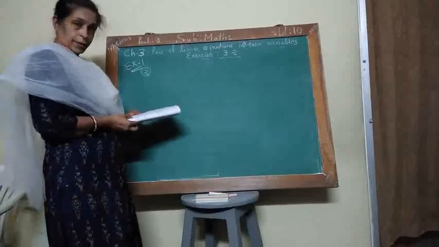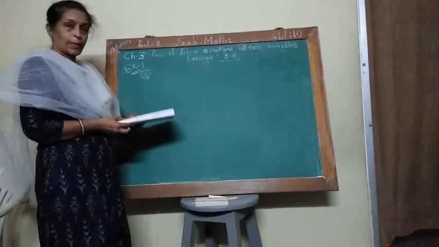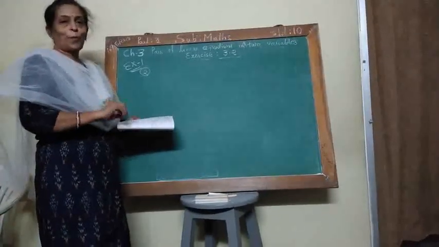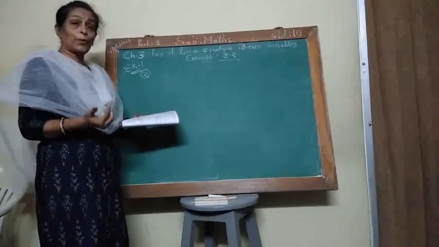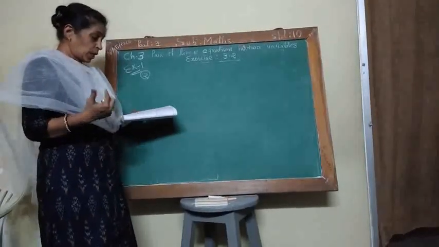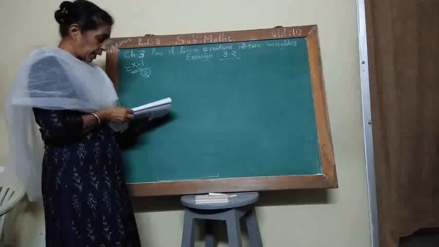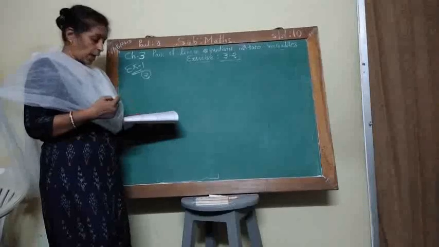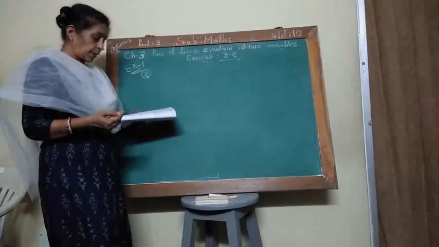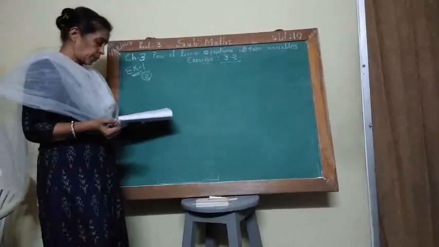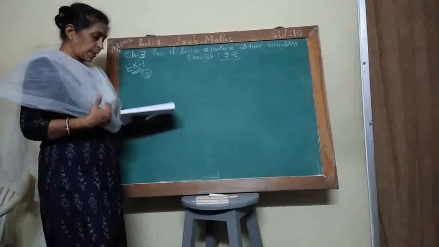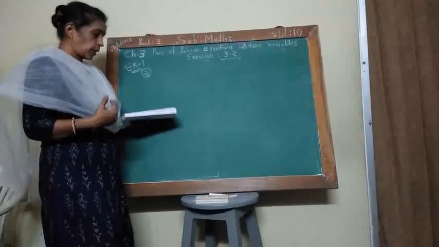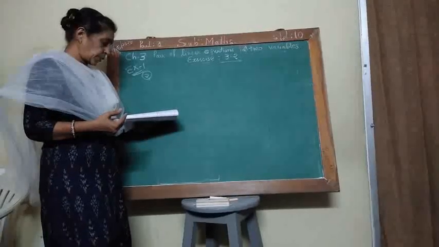They say that 5 pencils and 7 pens, instead of boys and girls, they have written number of pencils 5, number of pens 7, together cost rupees 50. To purchase 5 pencils and 7 pens, you have to pay 50 rupees. Whereas 7 pencils and 5 pens together cost rupees 46.